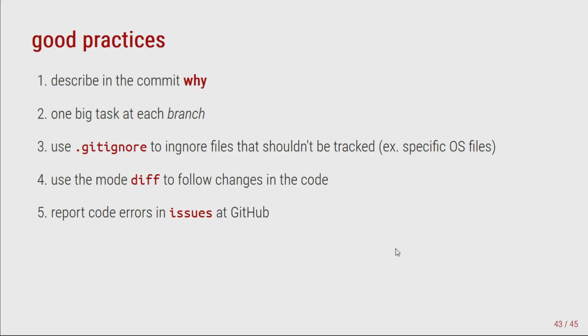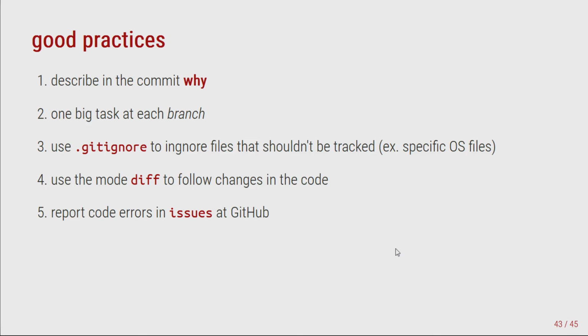Okay, so I'll finish with the good practices. I already told you a bit about the commit messages, so it's a good thing to really think about an informative message, and it's much more important to say why you are doing it than what you are doing, because what you are doing is easily identifiable by Git.